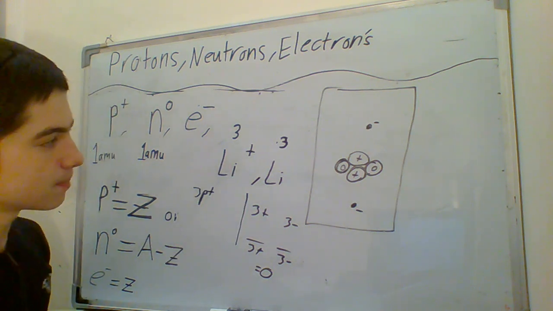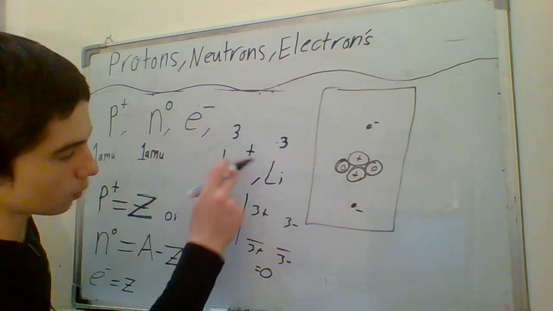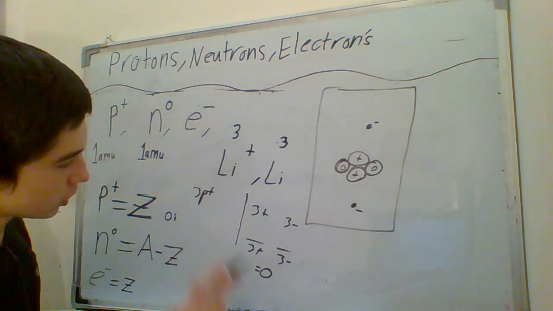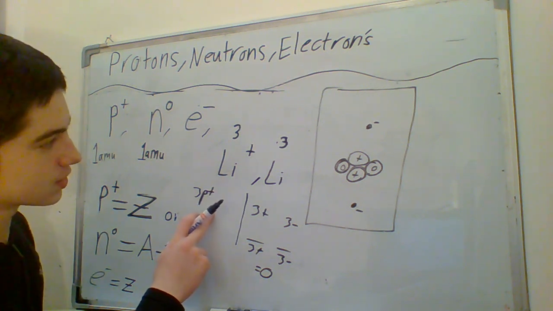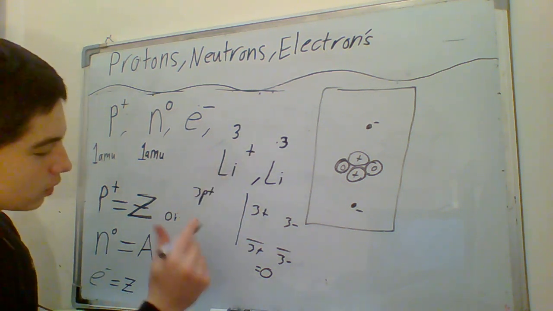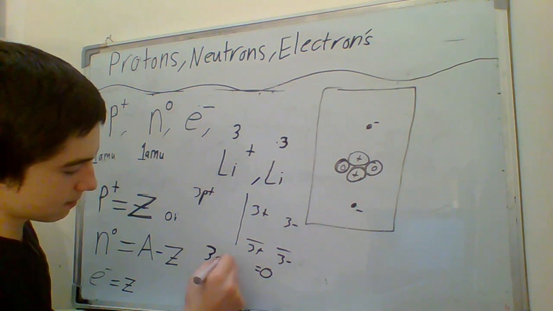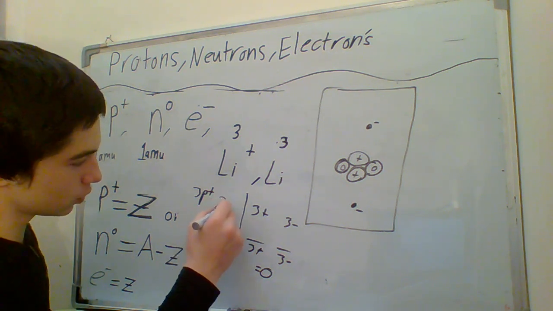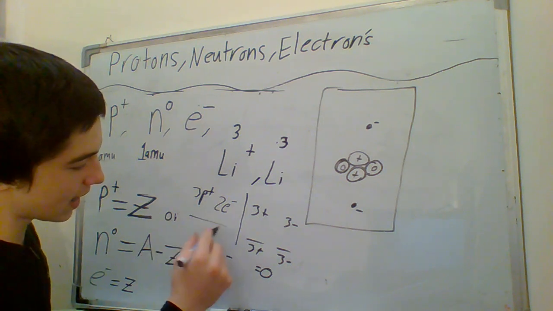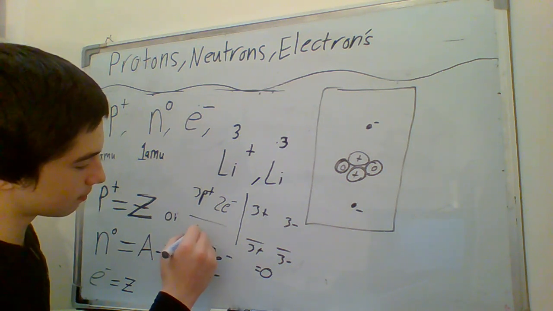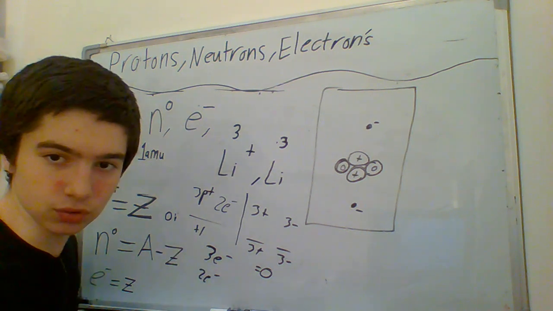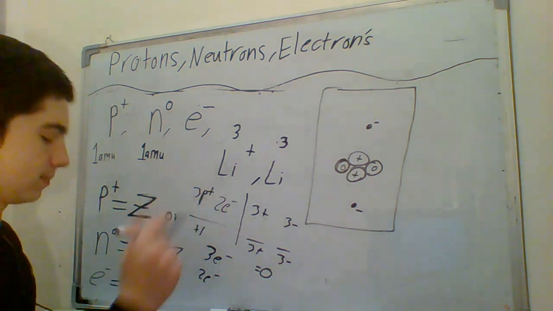Because it's written plus, it means the charge is 1 plus. You just write 2 electrons. Why? Because we're adding 1 plus to that 3e minus, so it will be 2e minus. You add them, and the total charge will be plus 1. So that means we have 2 electrons in lithium.